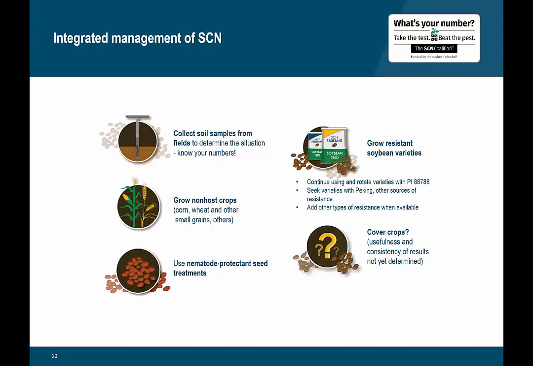The most commonly commercially available sources of resistance are Peking and PI 88788. And we have done research on this at our lab at Michigan State. Rotating sources of resistance does give you a yield advantage and does reduce the number of nematodes that are resistant to what you're planting.